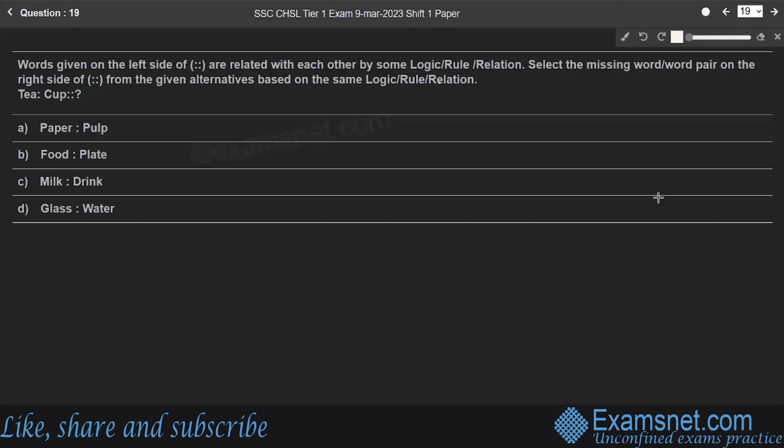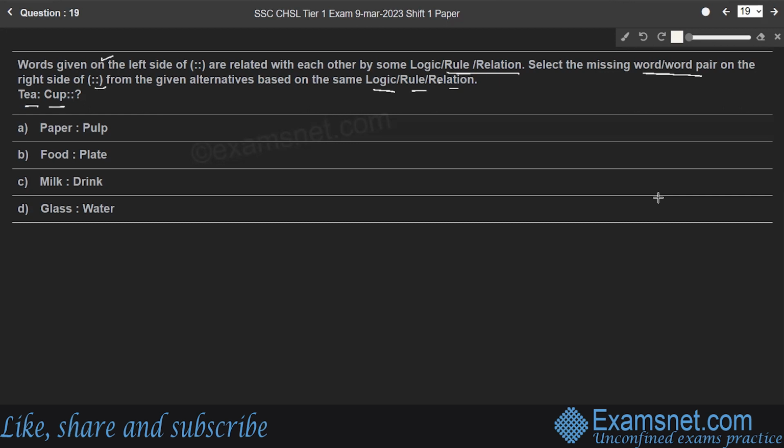Question 19. Words given on the left side of double colon are related with each other by some logic or rule or relation. Select the missing word or word pair on the right side of double colon from the given alternatives based on the same logic or rule or relation. Here, in the given word pair, tea is related to cup.